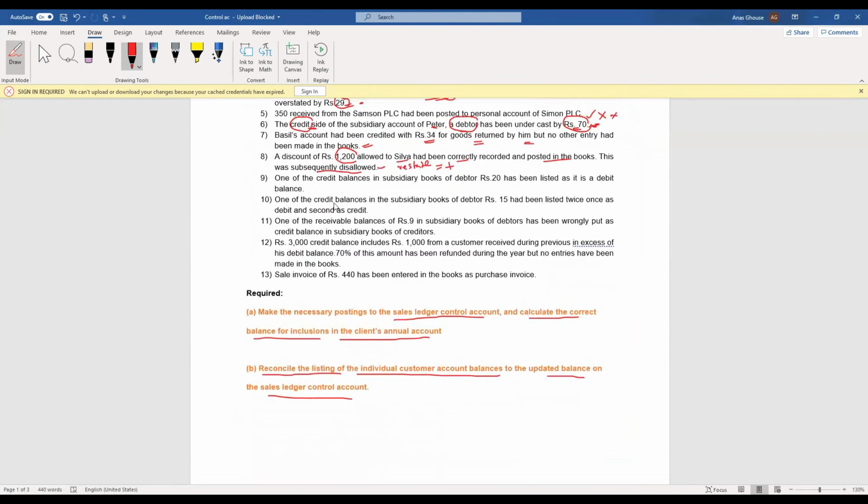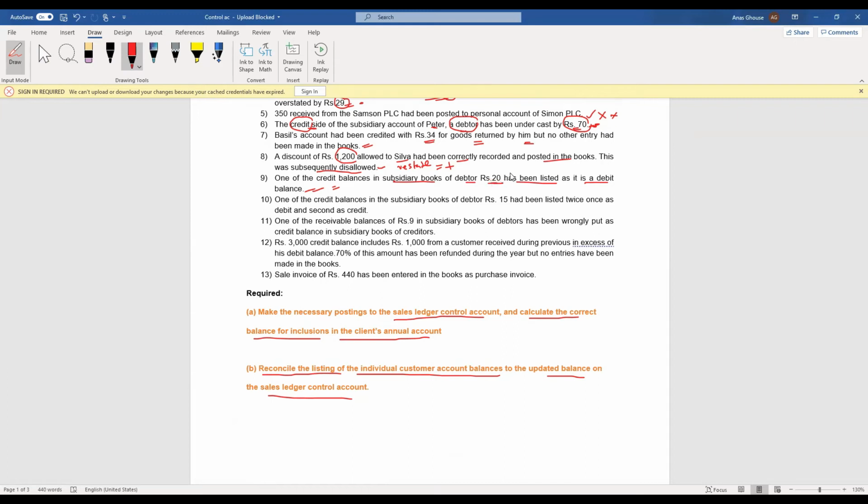Point number 9. One of the credit balances in the subsidiary book of debtor 20 has been listed as a debit balance. Okay, so what has happened here? You have made an error by reversing the original entry. Why is that?